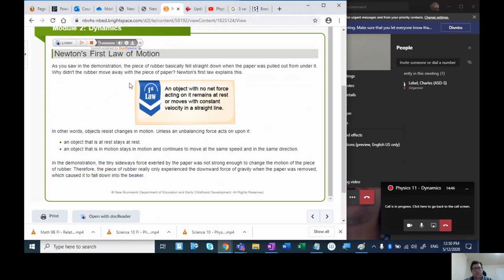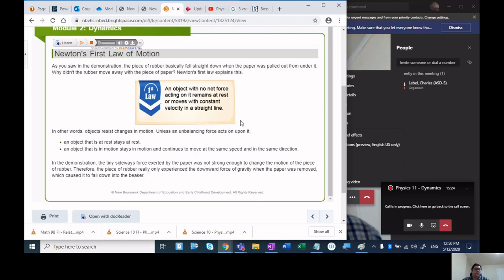Terrible example of Newton's first law. An object, let's read the law. An object with no net force acting on it, which is not the case, remains at rest or moves with constant velocity. This is inertia. You should take a note. So inertia is the first law, I believe.